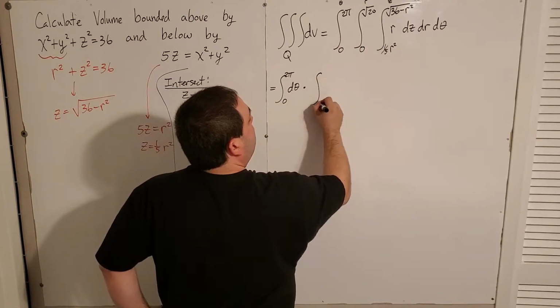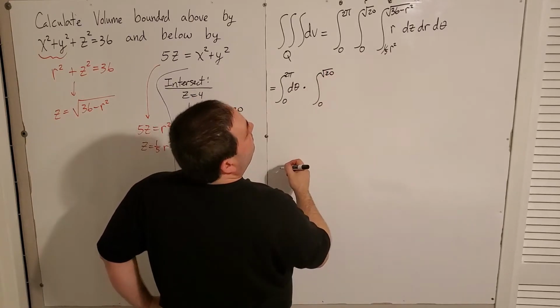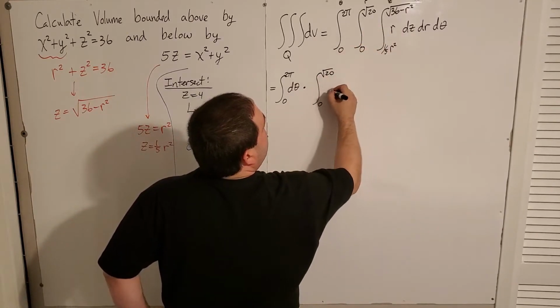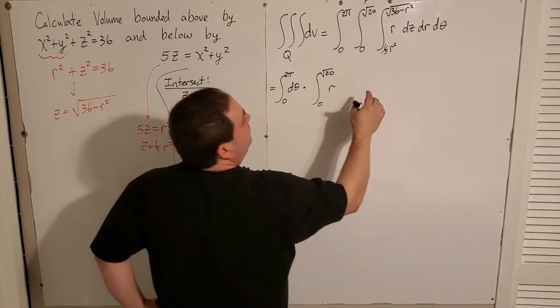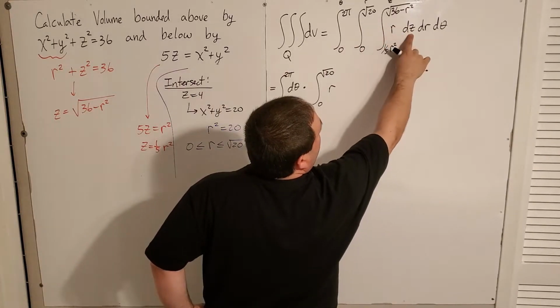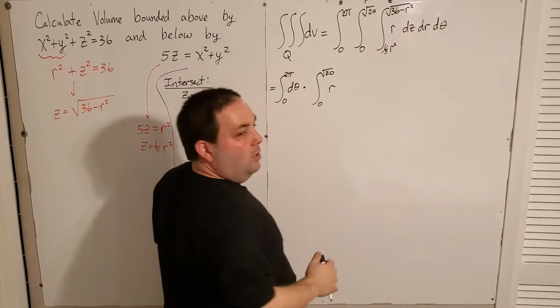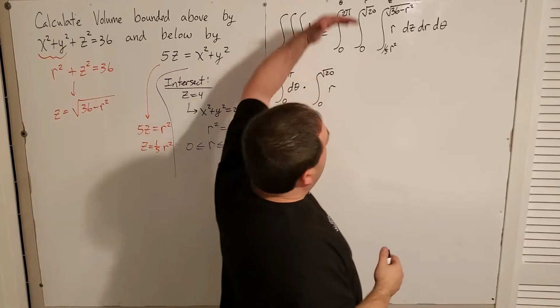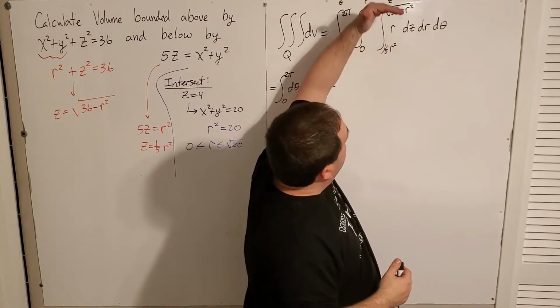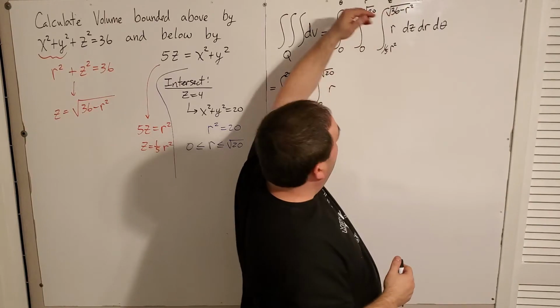Integral from 0 to square root of 20. My r passes from this integral. And then I'm doing the antiderivative dz, which is just z. So I'm going to be plugging in top minus bottom into z, which is just going to be this object minus that object.